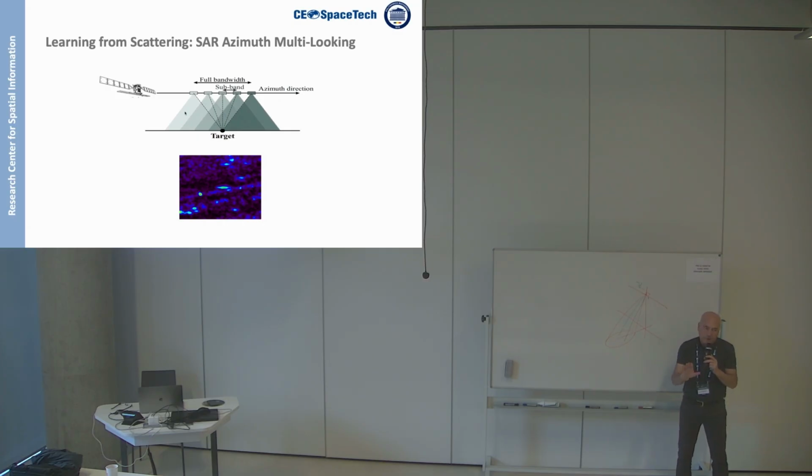If the microwaves are reflected on an object which is moving, the reflected wave changes frequency. This means the echo from this point has another frequency compared with the echo of this point. And this means I can synthesize an image, I can separate them, I can resolve, I can see the 2 points by measuring the frequency. And that is the principle of synthetic aperture radar.